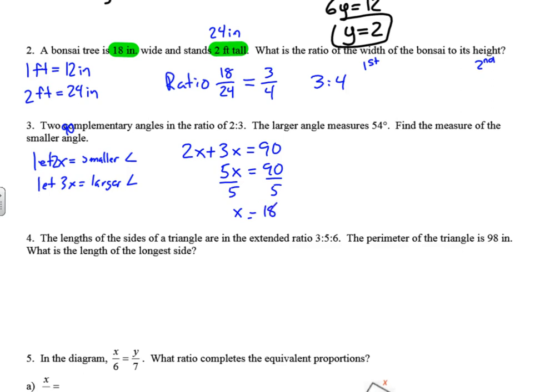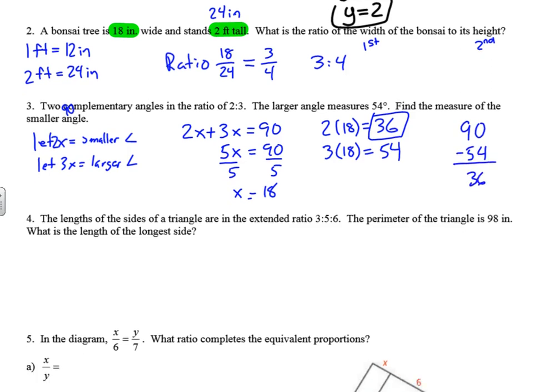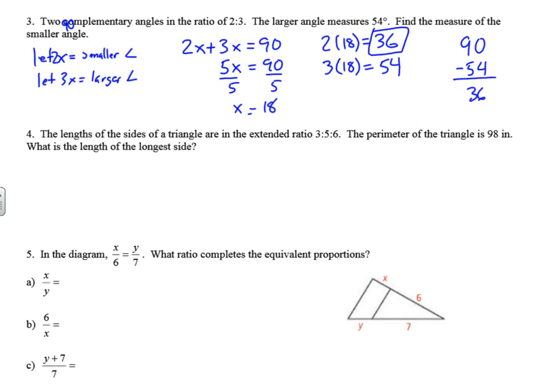So the smaller angle would be 2 times 18, which would be 36, or 3 times 18, which would be 54. So the smaller angle has a measure of 36 degrees. Now, since they gave us the 54, we could have done 90 minus 54 and gotten 36 that way, but I'm just trying to show you how to use this ratio piece.